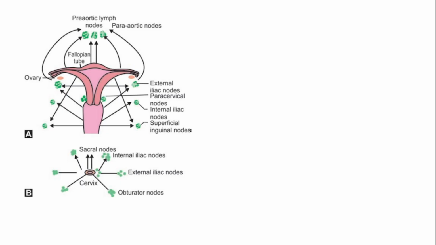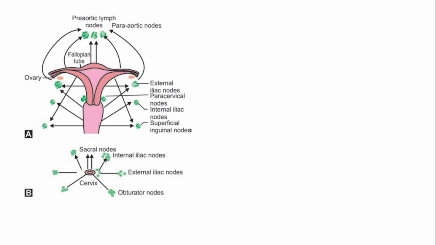The middle part is drained by the external iliac lymph nodes, and the lower part, or uterine isthmus, is drained by the paracervical lymph nodes. The upper vagina is drained by the internal iliac lymph nodes, and the lower vagina by the superficial inguinal nodes.